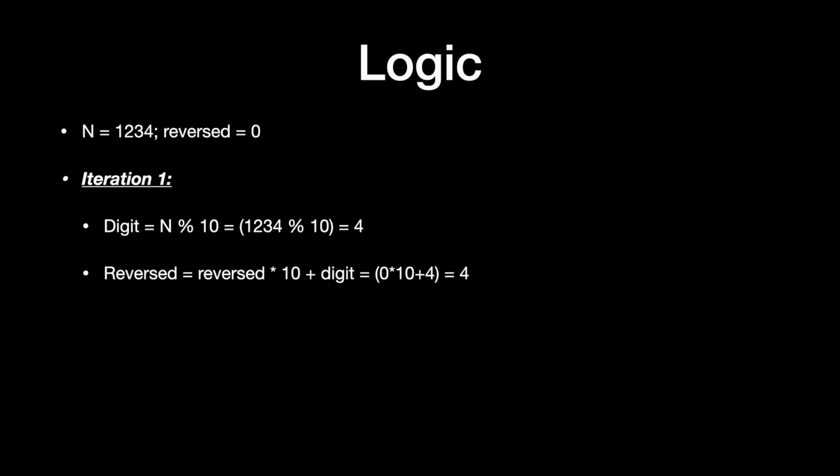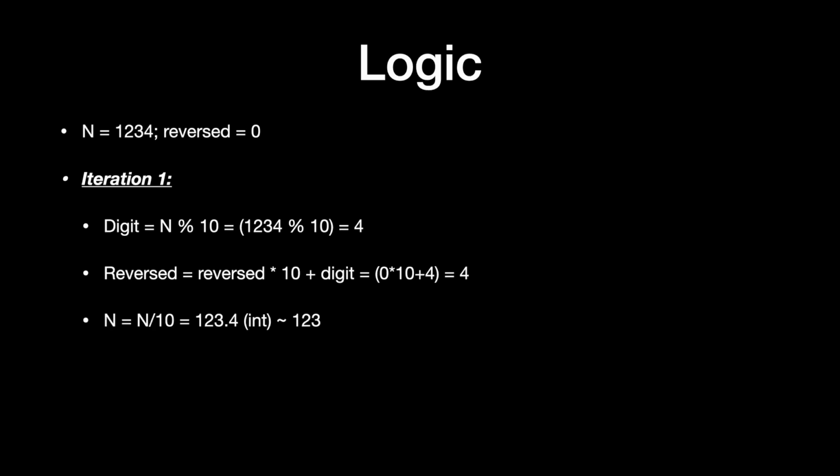Then we use reversed, with an equation that gives us the reverse of a number. As we go along the iteration, you will get to know the pattern. The equation is reversed = reversed times 10 plus digit. So reversed, which is 0, times 10 plus 4, and that's 4.